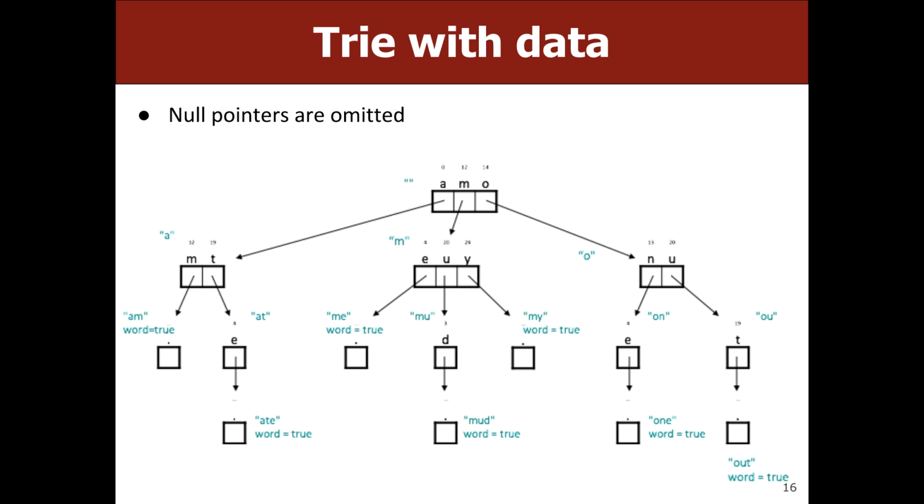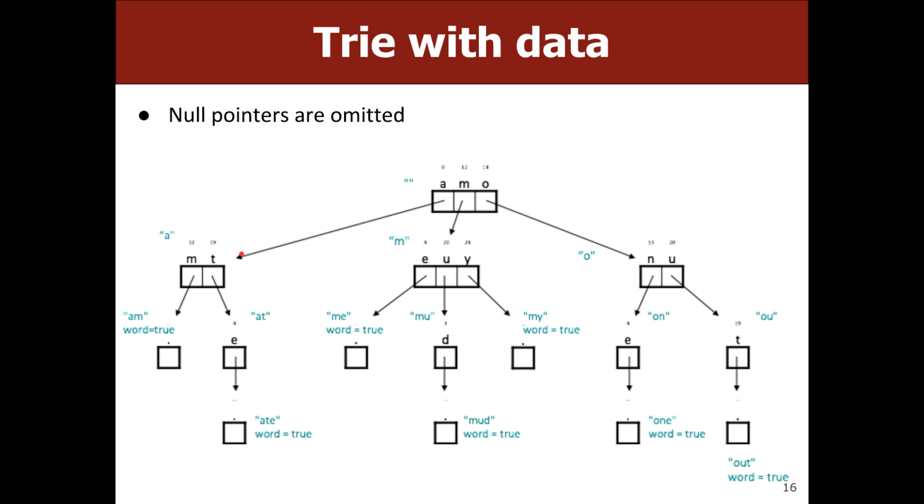As a clearer example, I omitted all the null pointers, because otherwise there would be many arrays of size 26, which gets very difficult to follow. But you can imagine there are actually 23 null pointers in each array as well.